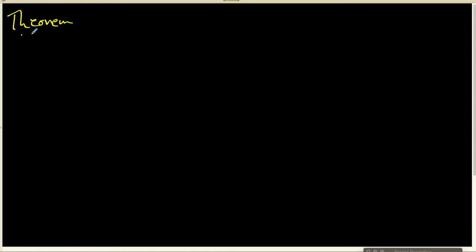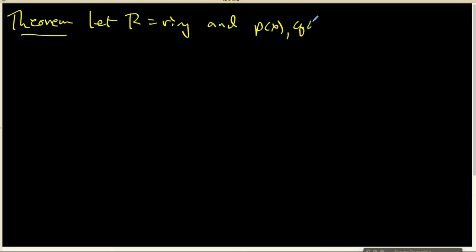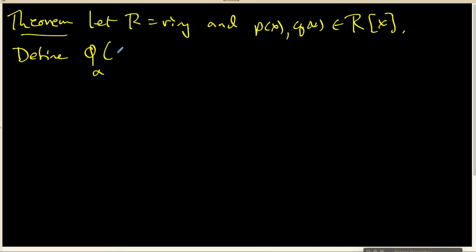So a theorem. Let's let R be a ring, and we are going to let P of x and Q of x be inside the ring of polynomials. We're going to define a map phi sub alpha, so I need to make my notation look better.